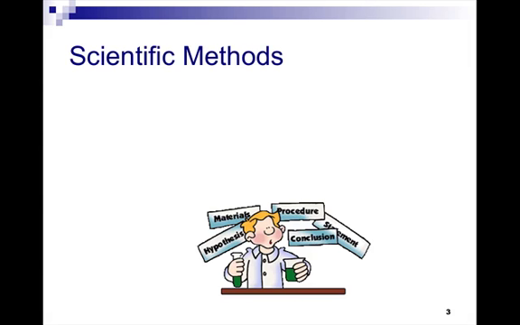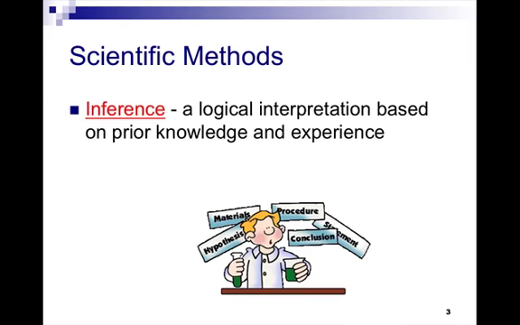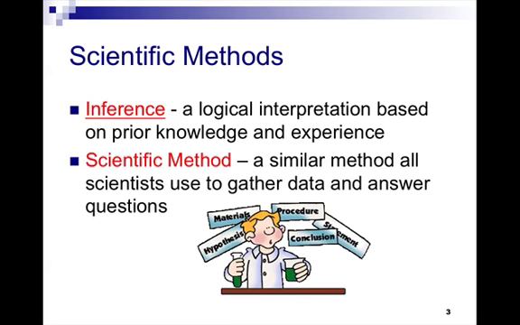So what exactly is the scientific method, or those steps? An inference is a logical interpretation based on prior knowledge. The scientific method is a similar method all scientists use to gather data and answer questions.